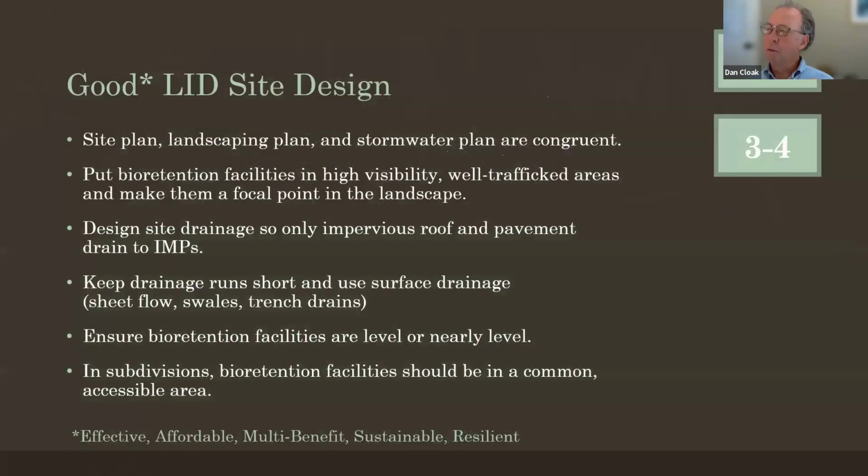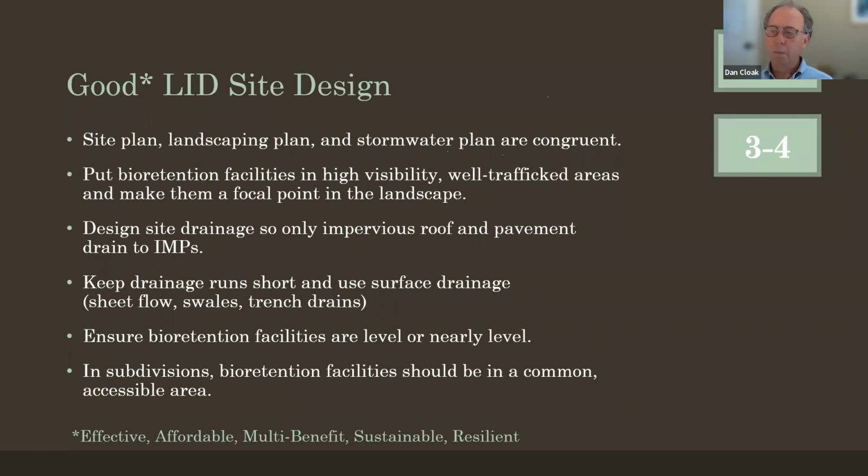So starting on this, in the manual, I'm referring to page numbers here. If folks have it up on their screen or maybe even have a paper copy on their desk, you can look and see that these objectives are addressed in the manual. But what we're looking for here is that first of all, the site plan, landscaping plan, and stormwater plan are congruent.